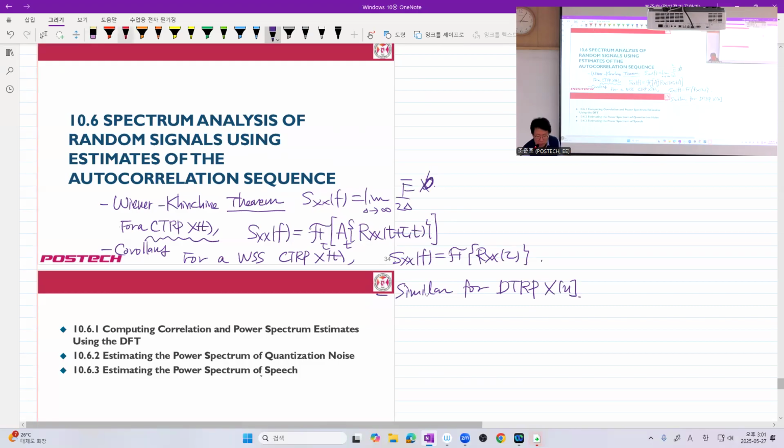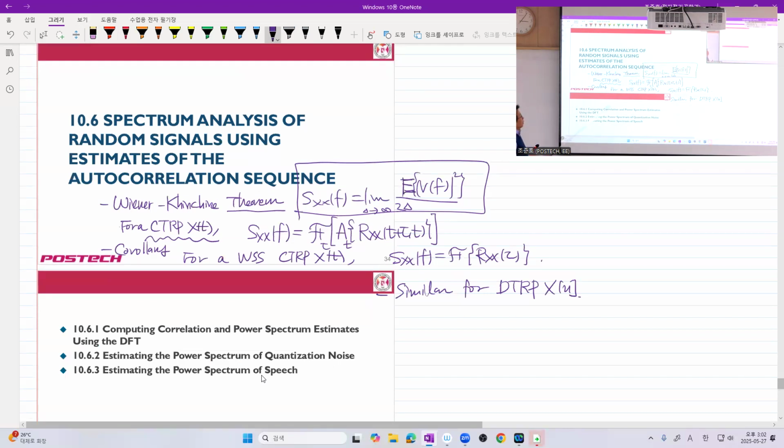B of j to b of f. By the way, if we increase delta, this v changes, right? So this is the definition.